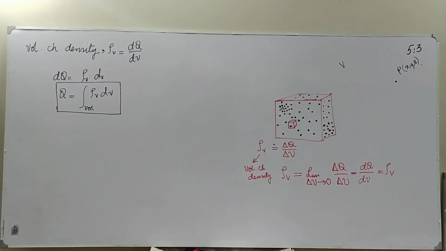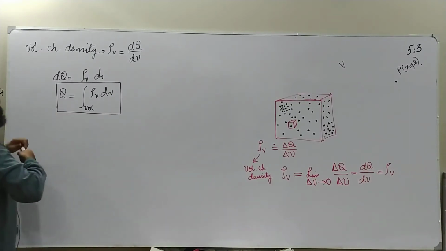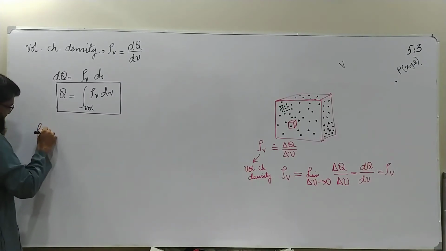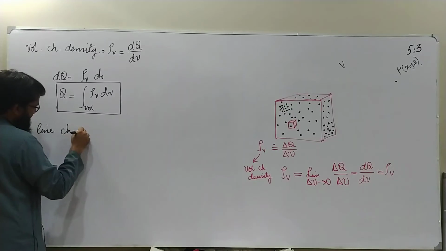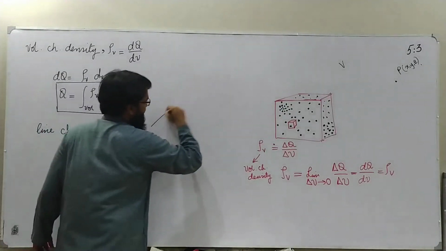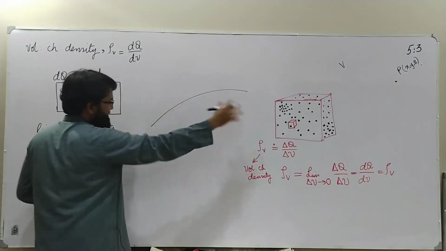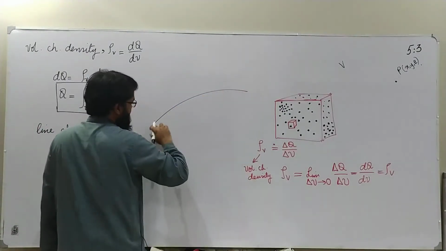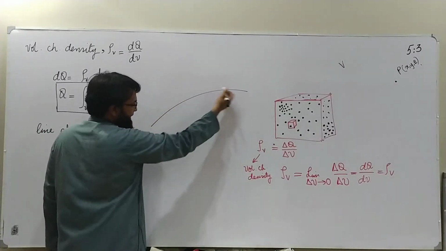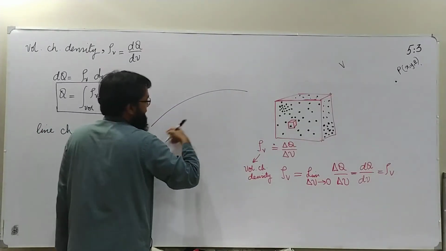So in the same flow, I would now like to define line charge density. Let's say we have an infinite line over which charges are distributed, and that distribution is not necessarily uniform.